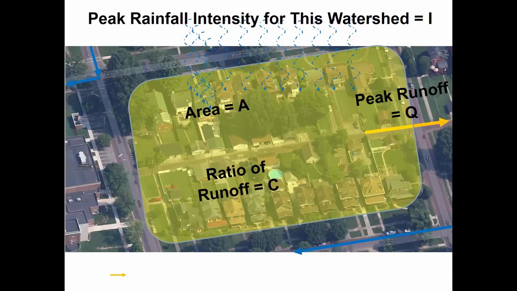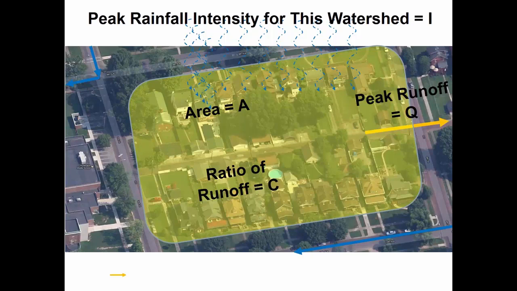And a highly urbanized area, like a city with the streets and asphalt and roofs, maybe an industrial park like the area that's behind campus where it's just basically industrial lots and parking, may have a C value of 0.9, which means 90% of the rainfall is running off and only 10% is being used for either infiltrating into the soil or getting the surface wet.